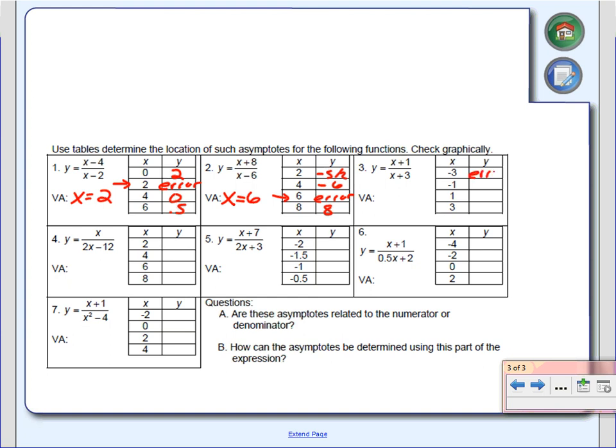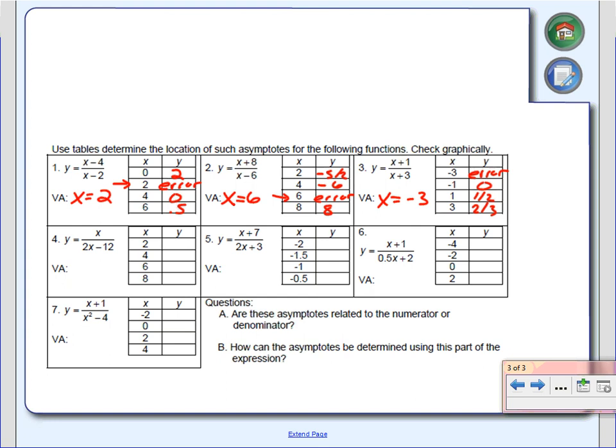Error. Next to negative 1, you see 0. Next to 1, 1/2. And next to 3, 2/3. Now that you have your table filled out, you can go ahead and write the vertical asymptote. And that vertical asymptote is x equals to what? Negative 3. This is our vertical asymptote.